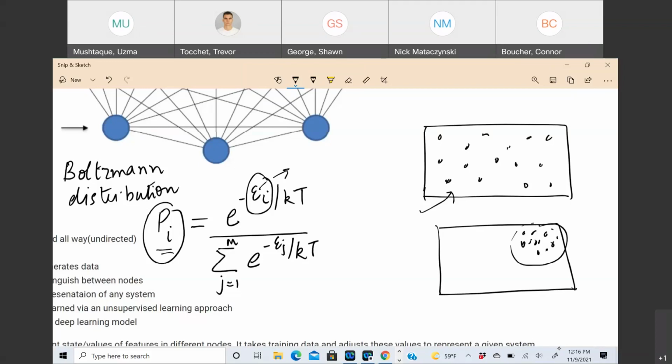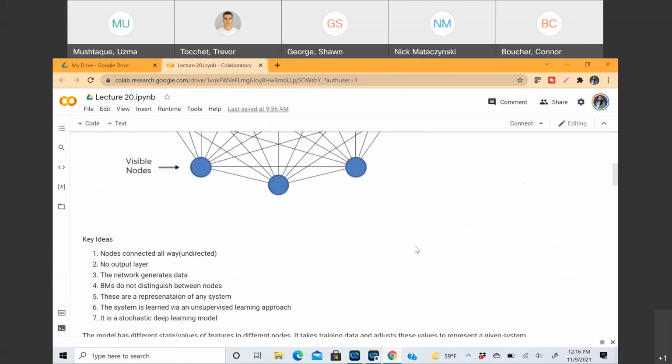So does that make sense, or are there some doubts? At a high level, it makes sense, right? We are trying to come up with a low energy system, and energy is nothing but the weights on the edges. That's the intuition behind Boltzmann machines.